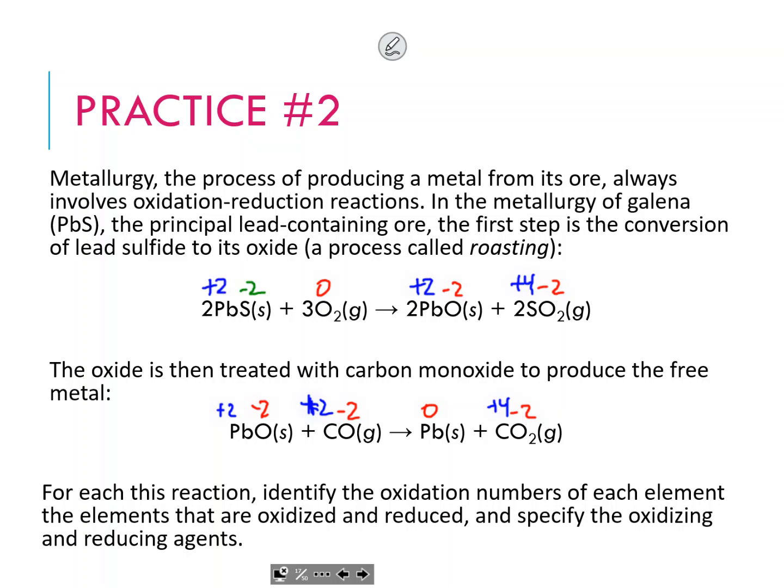Where do you get -2 from? Oh, sulfur's there. Sulfur's in group 16, so sulfur is going to follow the 16 non-metals. All right, that looks a little bit better.